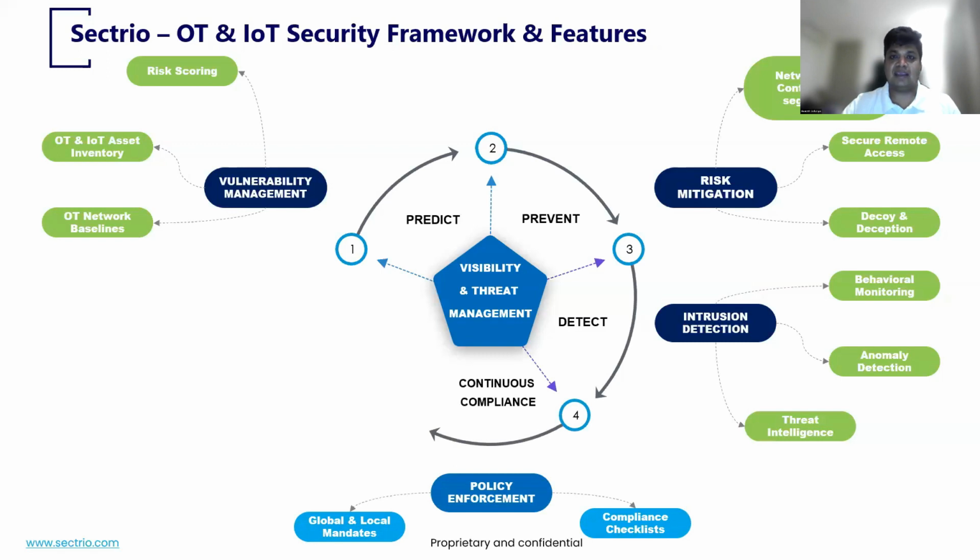And they come in and provide their consulting expertise to solution the whole zero trust architecture as well, by creating compliance checklists, which actually adhere to global and local mandates, and also building zones and building conduits, which are recommended by IEC 62443 as well.